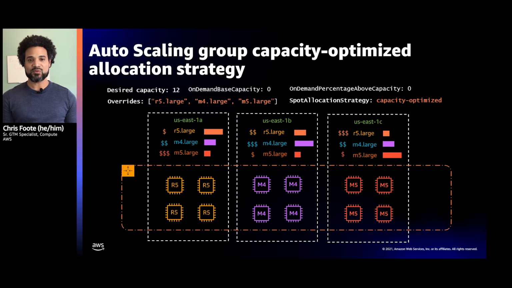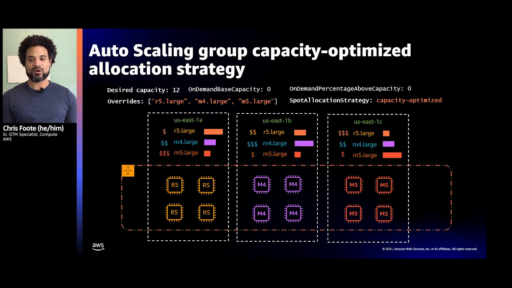And for US East 1A, if we look, the bar chart represents available capacity, with R5 larges having the deepest capacity and M5 larges having the lowest capacity. And for US East 1A, the spot capacity chosen will be the R5. For US East 1B, the M4 would be chosen.